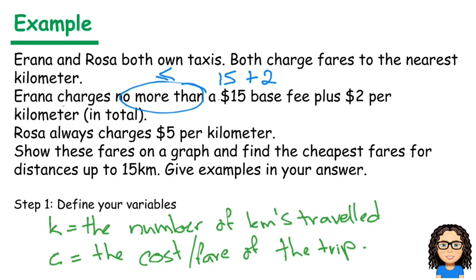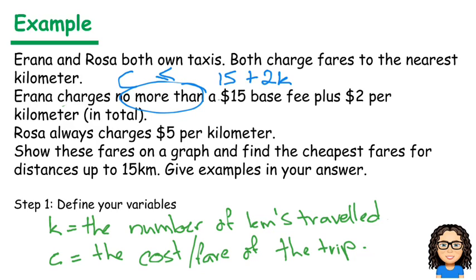If she went 1 kilometre, she'd charge $2. If she went 3 kilometres, she'd charge an extra $6. So I'm multiplying that by the number of kilometres. And so I can say the cost is going to be less than or equal to 15 plus 2k.